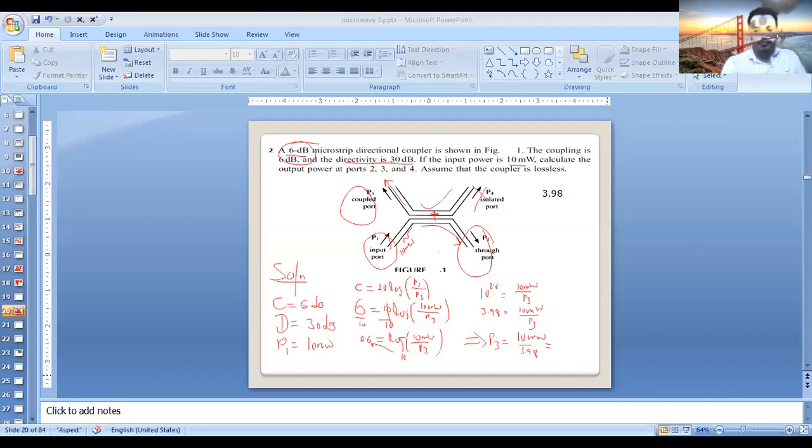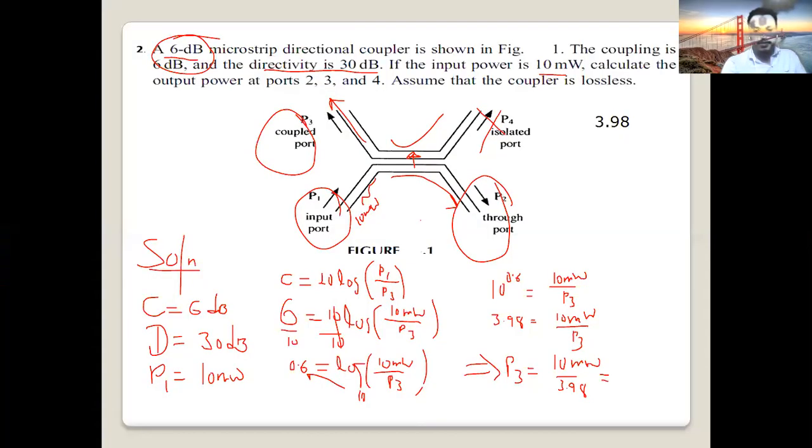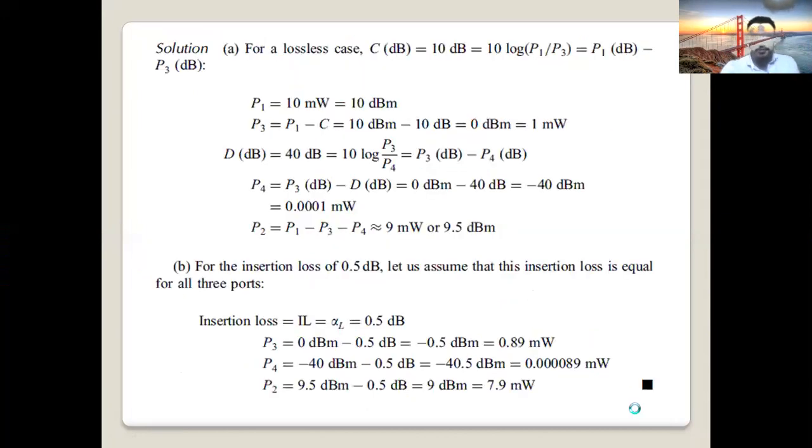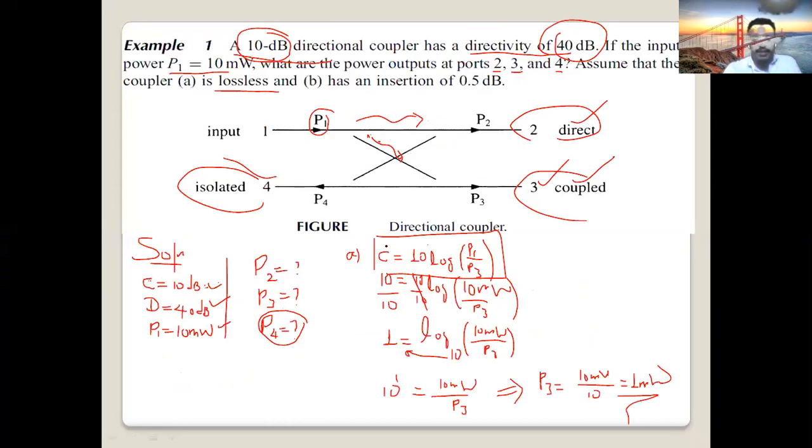2.51. So this will be 2.51 milliwatt. Okay. So you see, in the previous example, when coupling C is 10, with the same 10 milliwatt input, how much power is sampled? 1 milliwatt only.